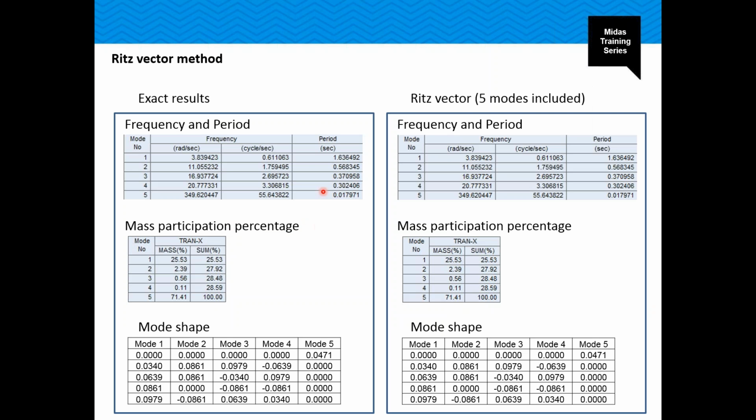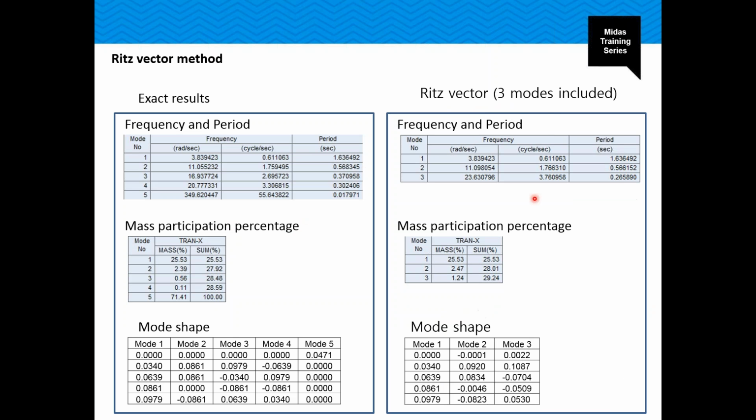With the Ritz vector method, if all 5 modes are included, the results are the same as the exact results. If only 3 modes are included, the Ritz vector method does not give exact results, as shown here.